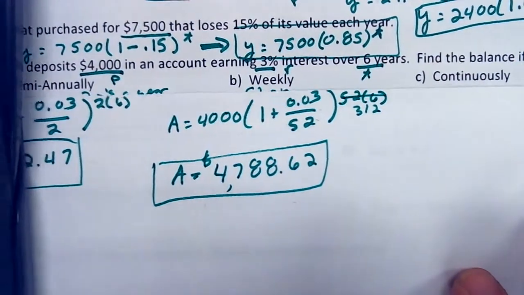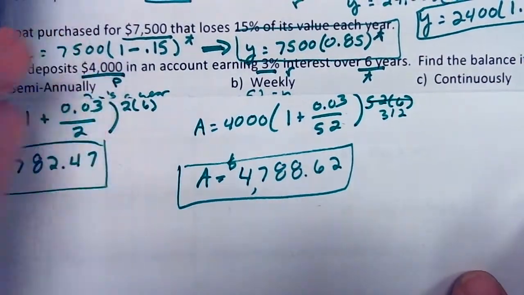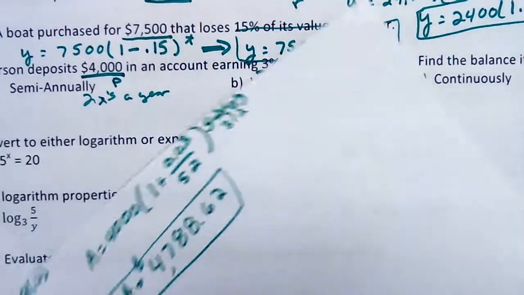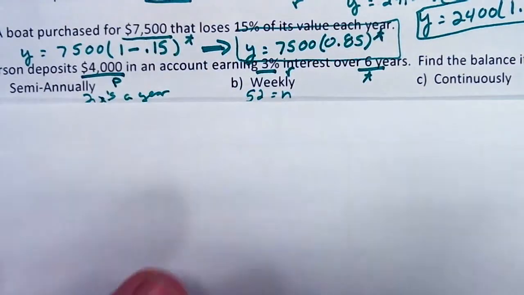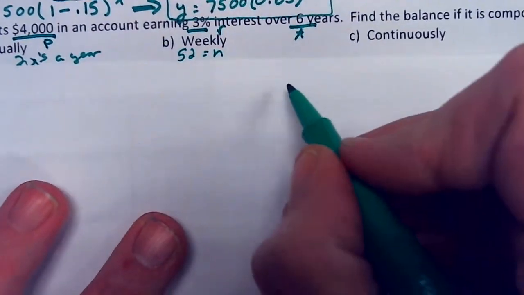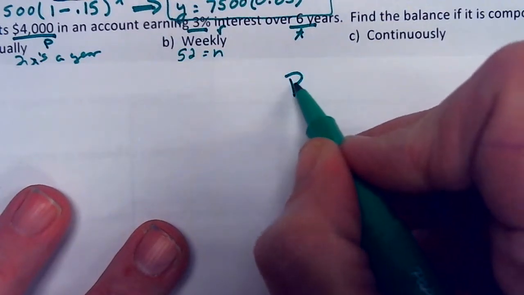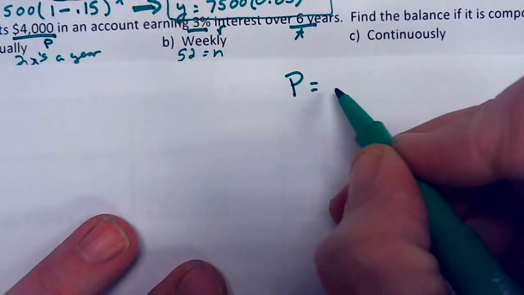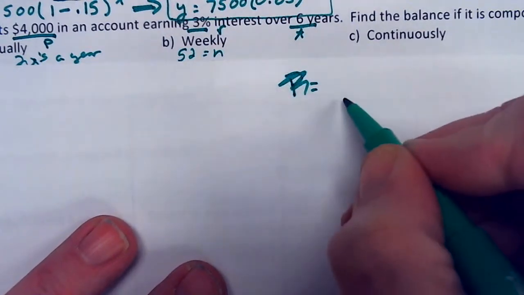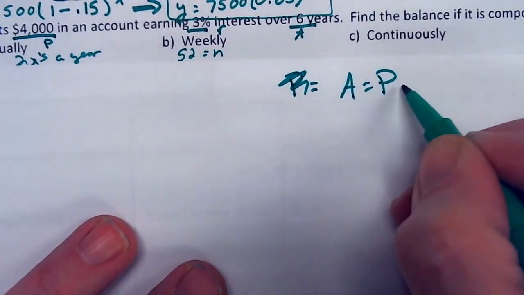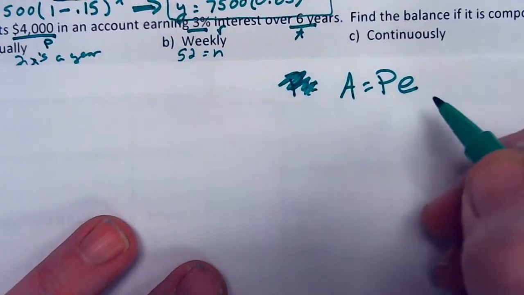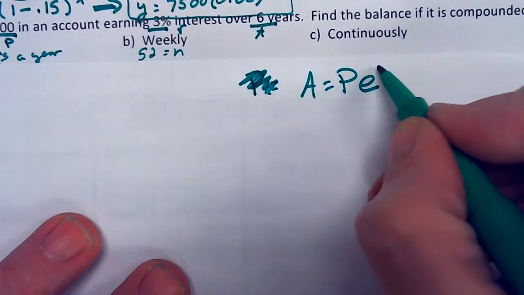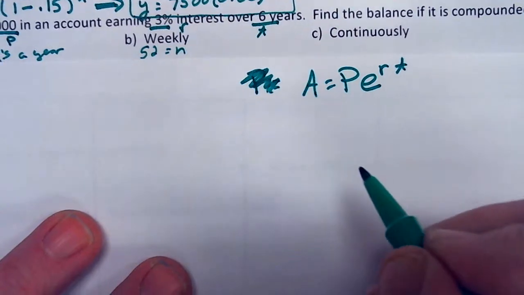The last one, continuously. This is a different equation altogether. And this one you also want to have on your formula sheet. Continuous compounded interest. The amount at the end is equal to the principal times e, natural log base e, to the rt, where r is the rate and t is the time.